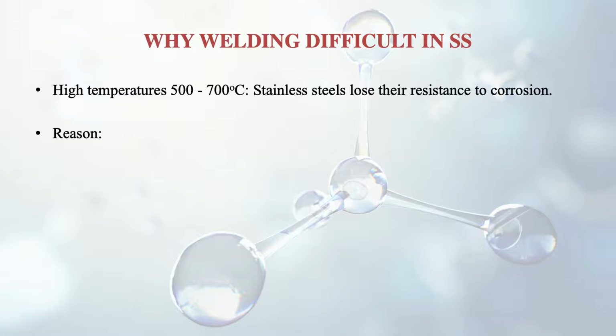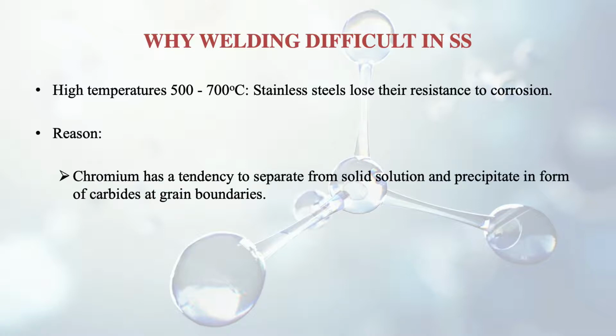The reason is that the chromium in the SS has a tendency to separate from solid solution and precipitate in the form of carbides at grain boundaries. So chromium carbide is formed and it poses all kinds of difficulties.